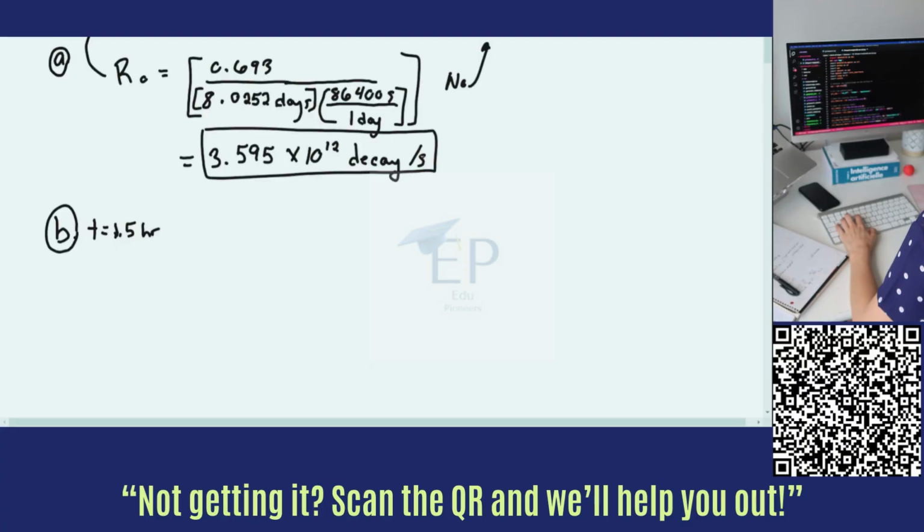Okay. With that in mind, we now can go down to our R. So now we're using this equation to help us out. Okay. So we have 3.595 times 10 to the 12 decays per second.